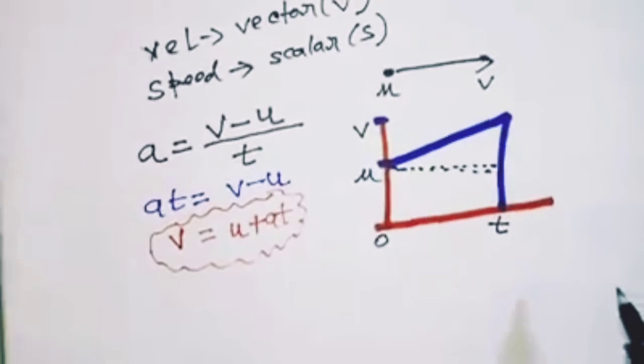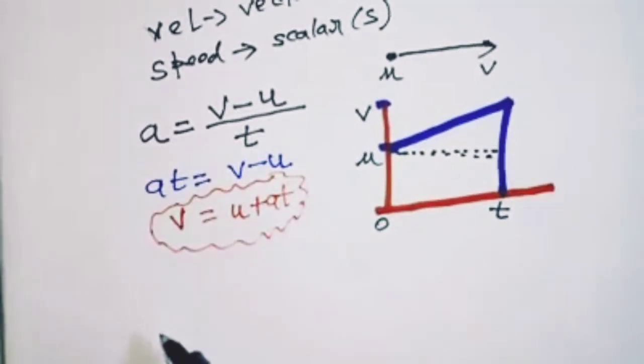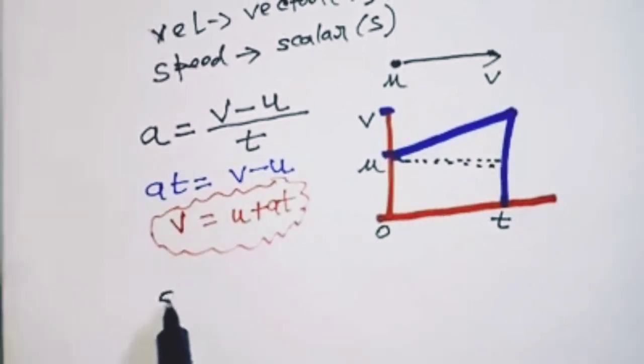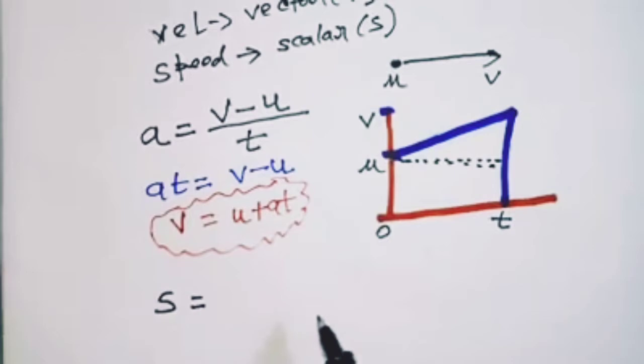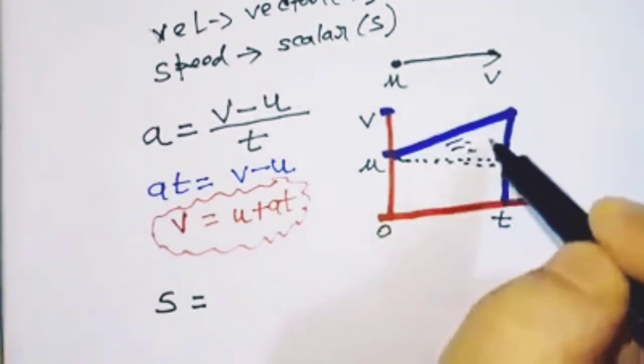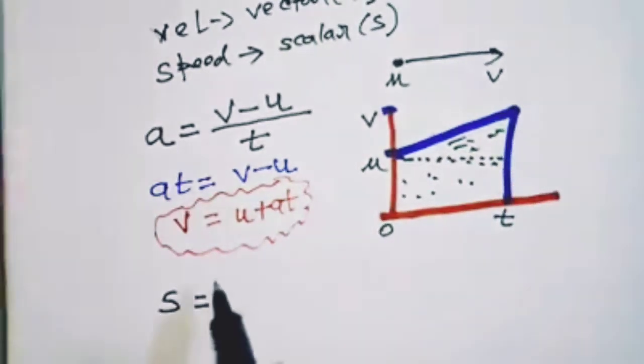The distance, as we denote it by the sign S, is a convention in physics that we denote it by S. So we can write S equals this part plus this part. I can call this a triangle and this a parallelogram, or a kind of rectangle, for example.